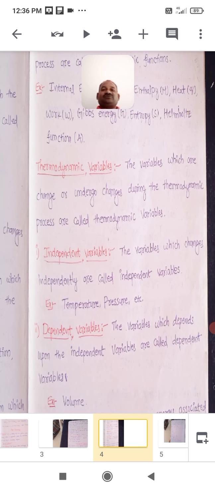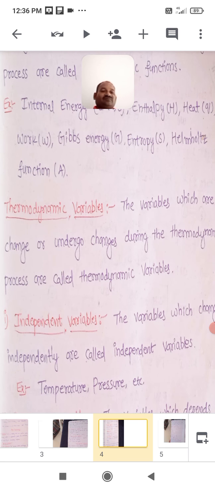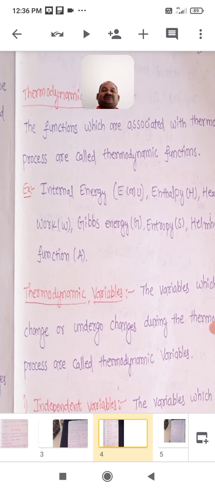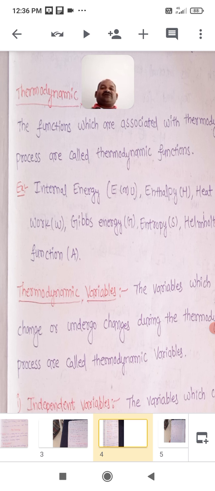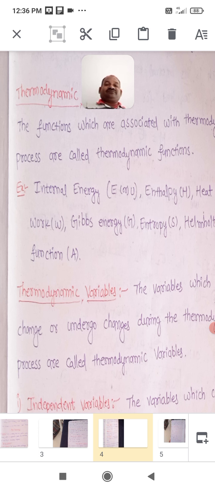Next, observe the slide clearly: thermodynamic functions. What are the thermodynamic functions? The functions which are associated with the thermodynamic process are called thermodynamic functions. They are internal energy, enthalpy, heat, work, Gibbs energy, entropy, and Helmholtz function.